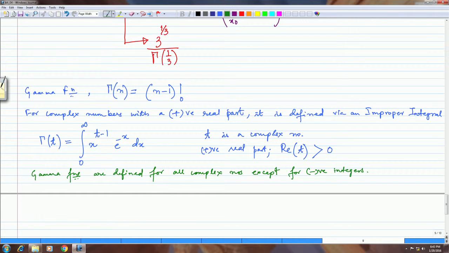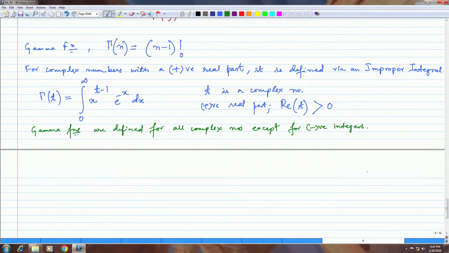Okay, got that? And what is nice is that this is basically an integral.